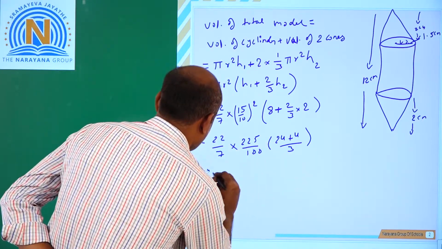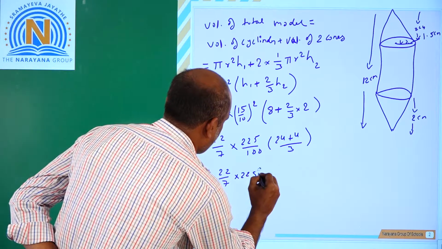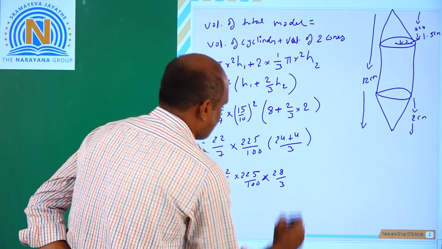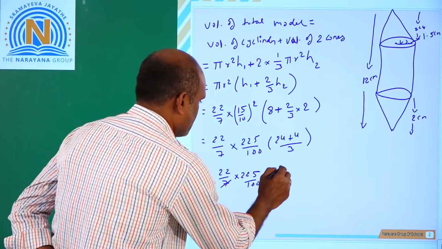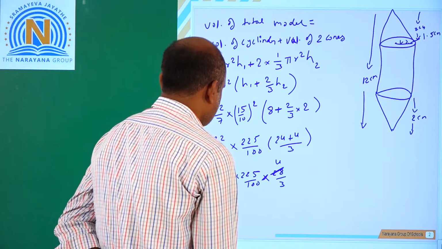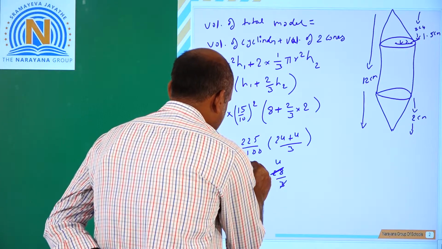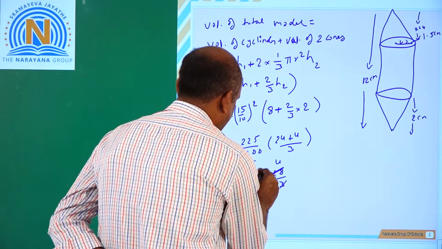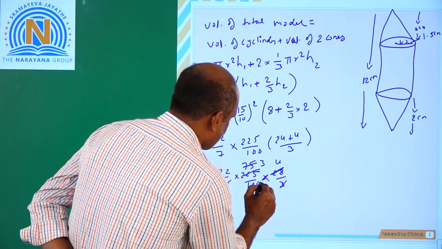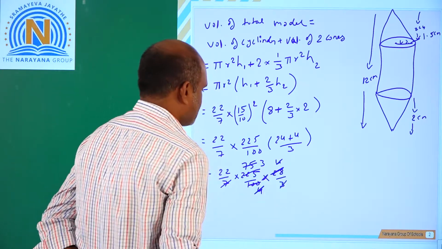That is equal to 22/7 into 225/100 into 28/3. 4 sevens are 28, and 75 threes are 225, then 3 25s and 4 25s, and the 4 gets cancelled.